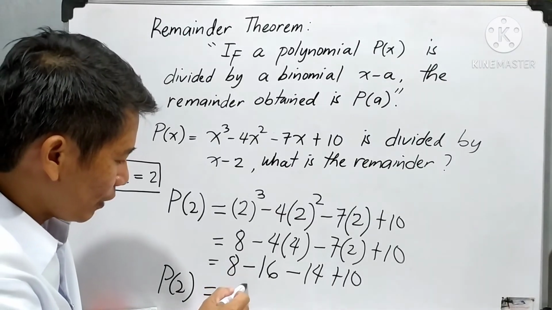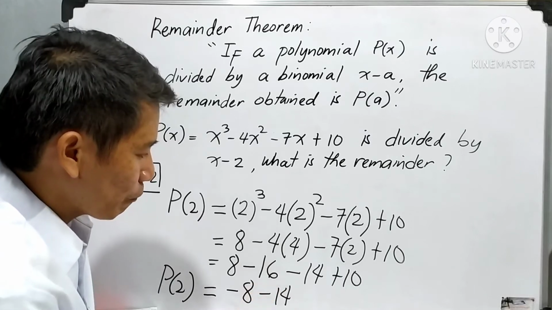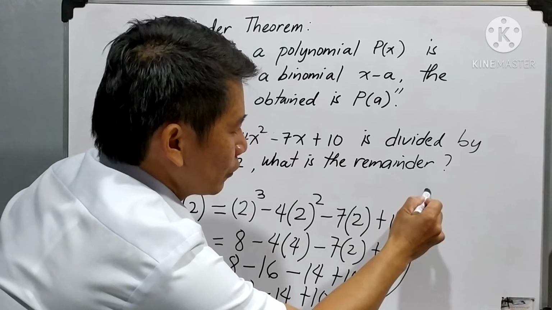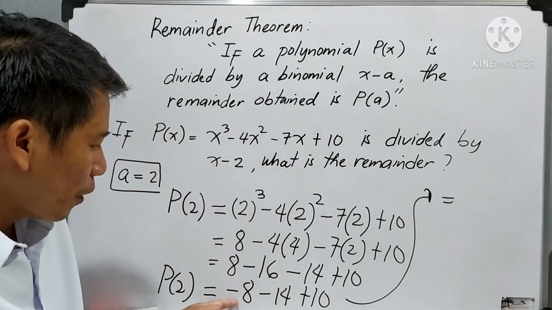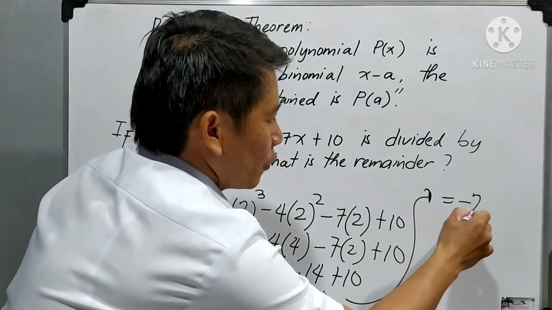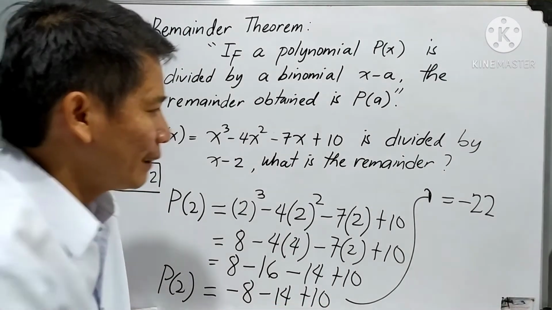That is negative 8 minus 14 plus 10. Okay, let's continue. That is what? Negative 8 minus 14 is negative 22. Right? Plus 10.